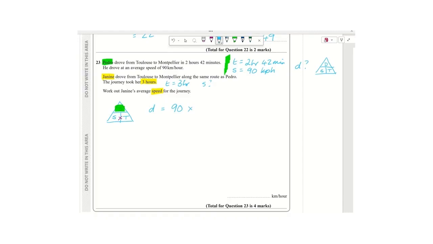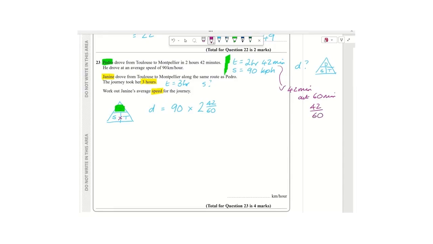Now the time has to be in hours. So we're going to turn it into a fraction, and we're going to say it's 2 hours and 42/60. Why have I done 42/60? Because it's 42 minutes and there are 60 minutes in an hour. So 42 out of 60 as a fraction is 42/60.